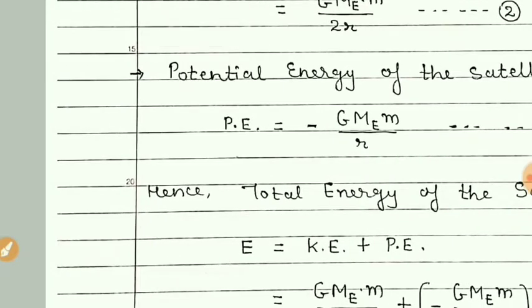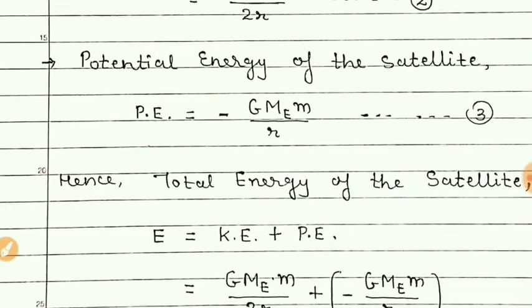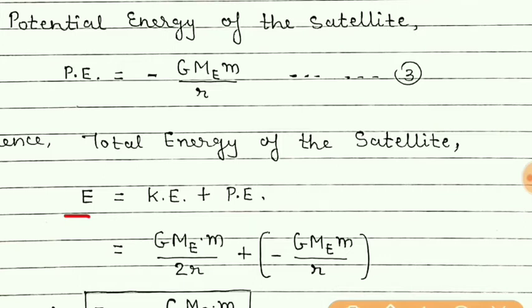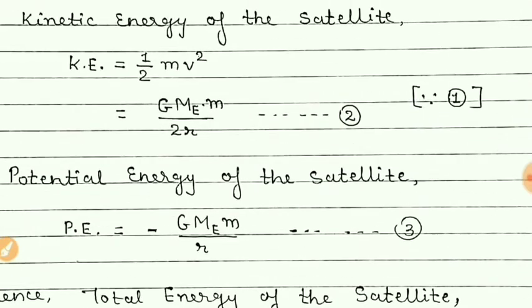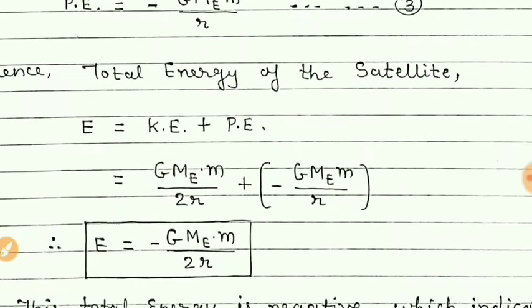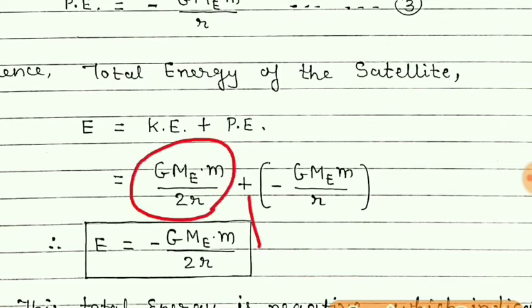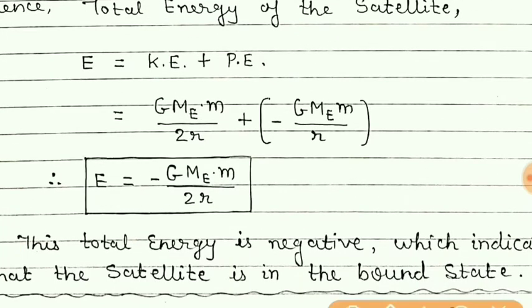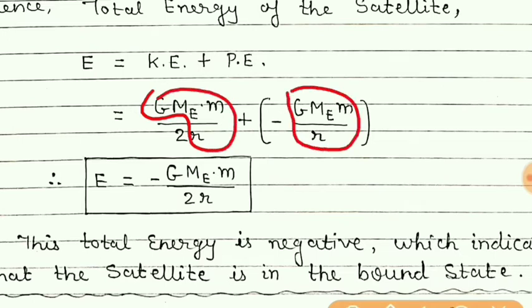So now the total energy of the satellite E is equal to kinetic energy plus potential energy. From equation number 2 we will put the kinetic energy, and from equation number 3 we will put the potential energy. So kinetic energy is G Me m upon 2r, plus potential energy is minus G Me m upon r. Now students, you can see G Me m upon r here also, and here also.